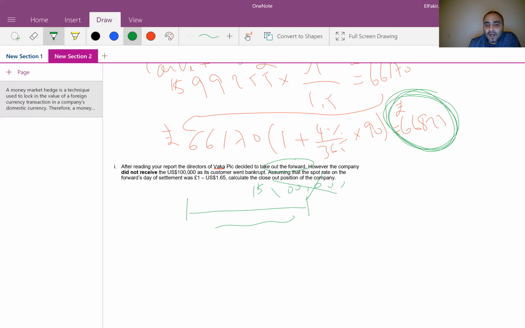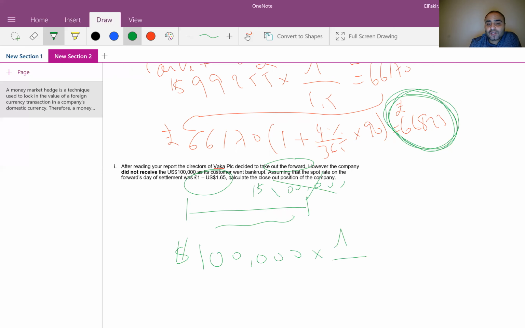In this case, it needs to get the dollars from the market. And the market charges a rate in here of 1.65.